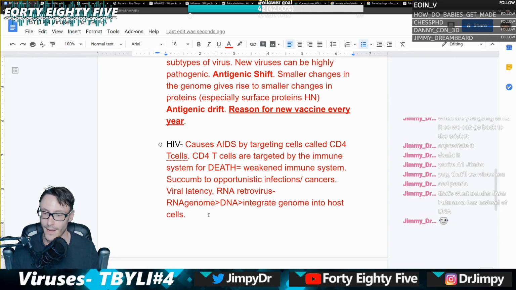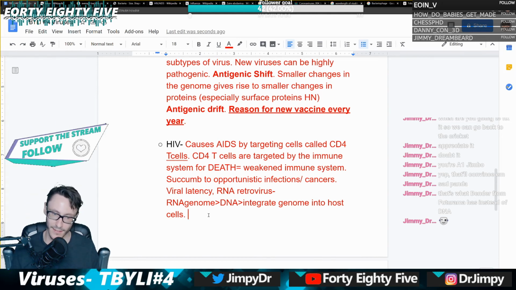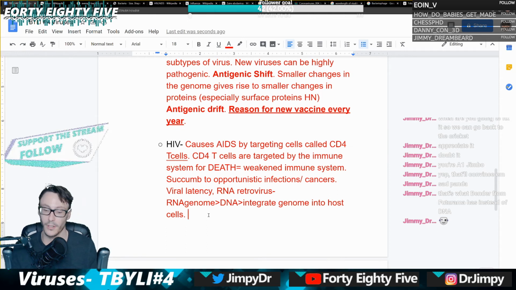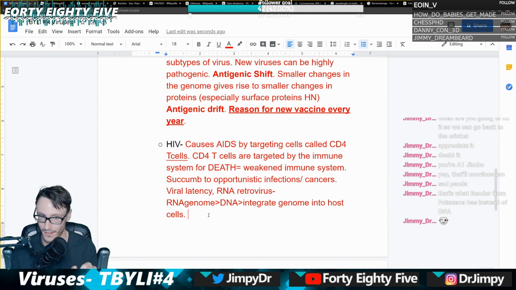So if you have a defective gene in your body, say you have a genetic disease, and you want to treat that, what you can do is put a normal copy of the gene back into your cells using a fake HIV virus. It's called an adenoviral vector. It's very, very clever.